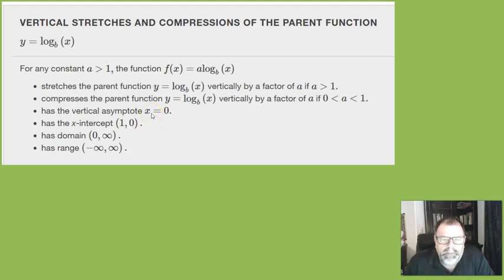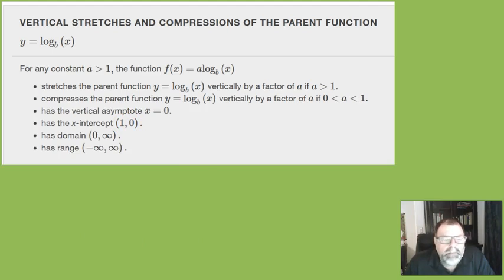The vertical asymptote is not going to get affected. You're still going to have 1, 0 as your x-intercept. If we're just doing the a, the domain and range are unaffected. So the vertical asymptote, domain, and range all stay the same. You still have the same x-intercept, 1, 0.